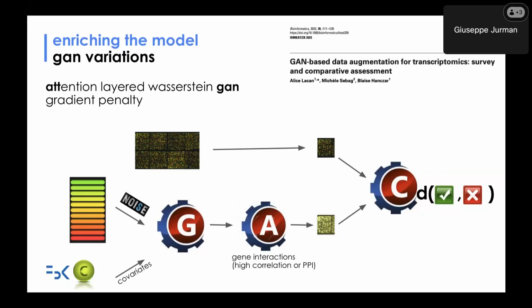For instance, a level of attention may take care of the fact that there are known gene interactions that can be used to construct a more refined model for the synthetic data. And this gene interaction may come from correlation, so coming directly from data, or from very well-known theoretical interactions like the PPI dataset.